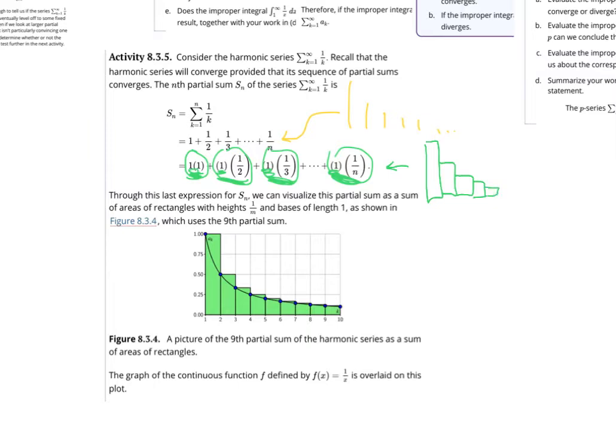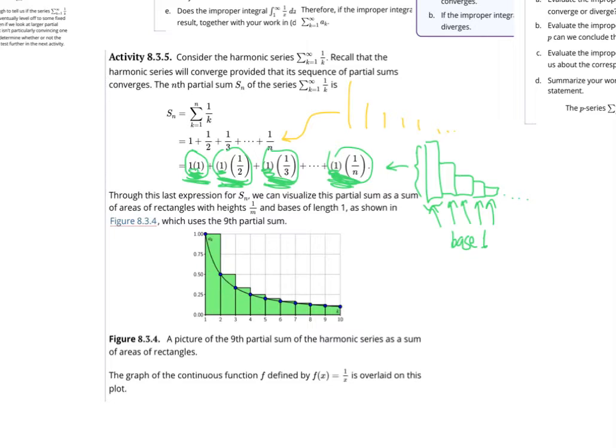Now I know my picture is not to scale, because I have length 1 here and length 1 here, and that doesn't match. But the point is that I can think of each of the terms in the partial sum as the area of a rectangle with base 1. All of these rectangles have base 1.